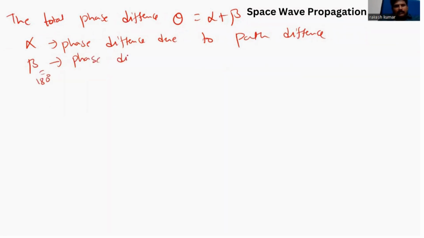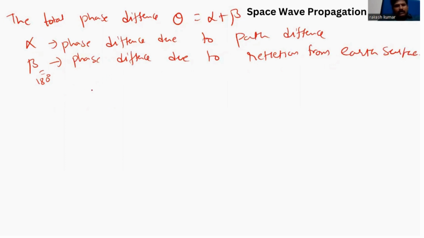That is the phase difference due to reflection from the earth surface.